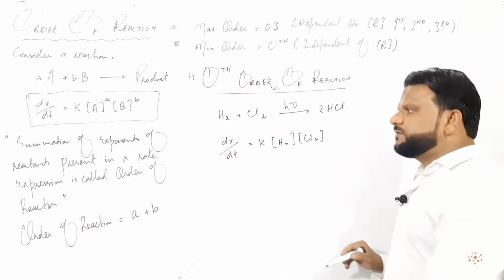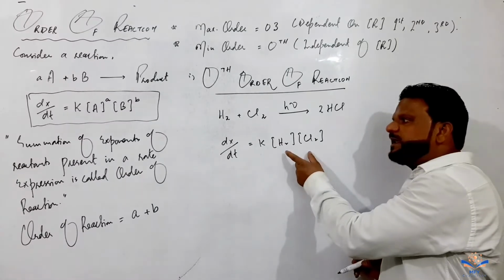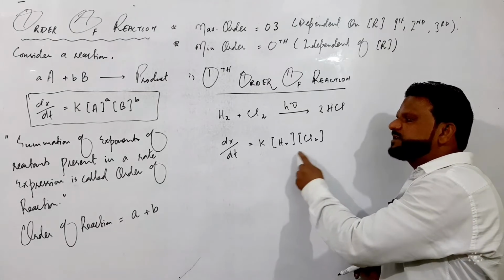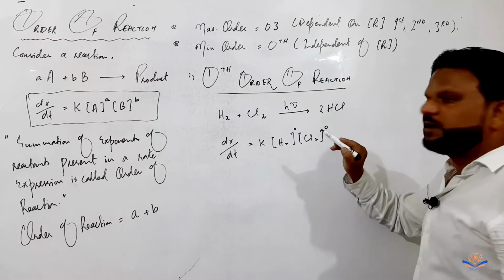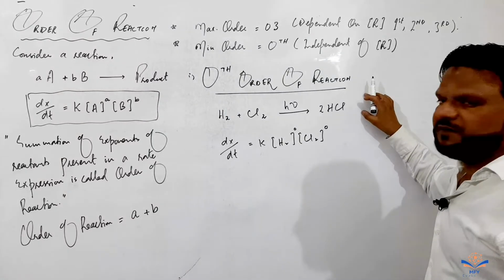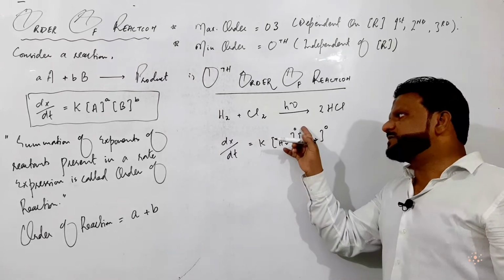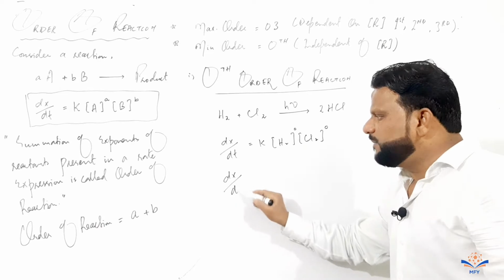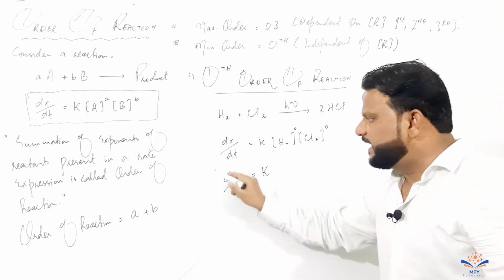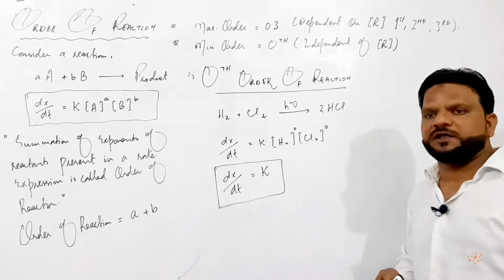On the basis of the rate expression, we can conclude that this reaction is second order, but this reaction is zero order because it requires a specific condition for completion. If any number has power 0, it becomes 1. Now dx by dt equals K. This will be the rate expression for zeroth order reaction.